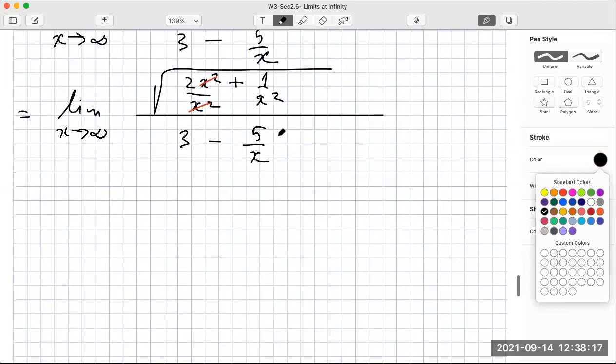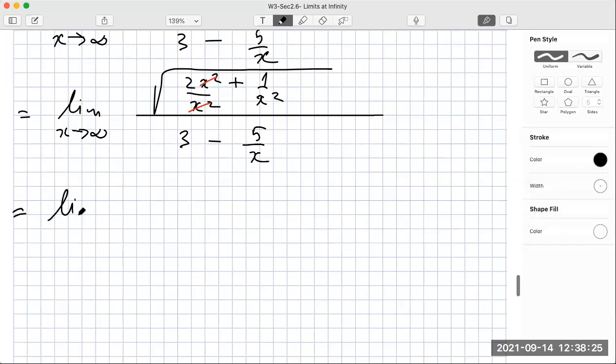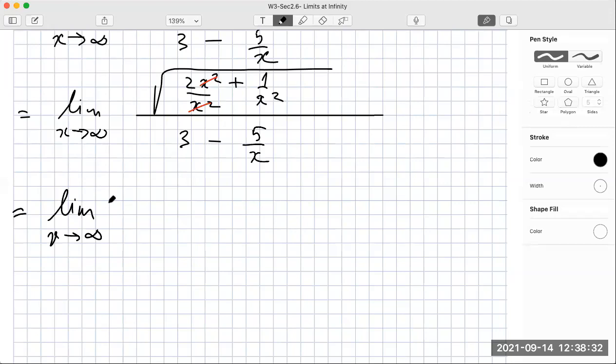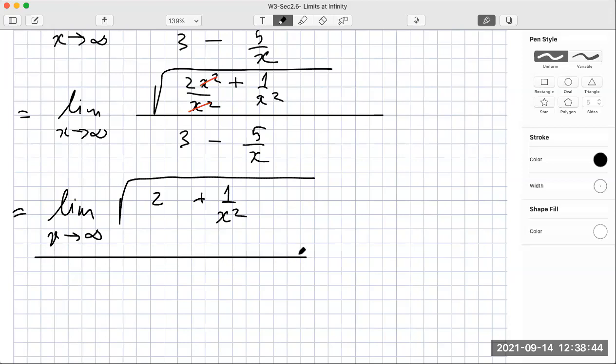So here, this is a quotient, right? Then which limit laws should we use here? Yes, the quotient rule. So the quotient rule here, it will be the limit of the numerator, which is 2 plus 1 over x squared, divided by, again, we should write it this way, the limit when x approaches infinity of the denominator.